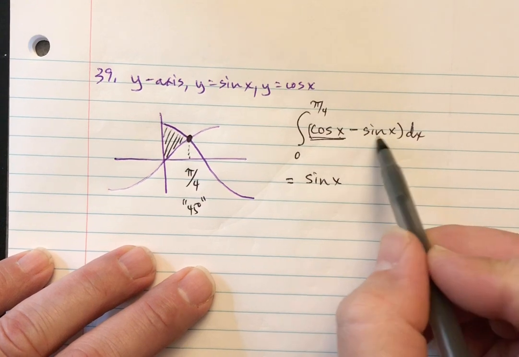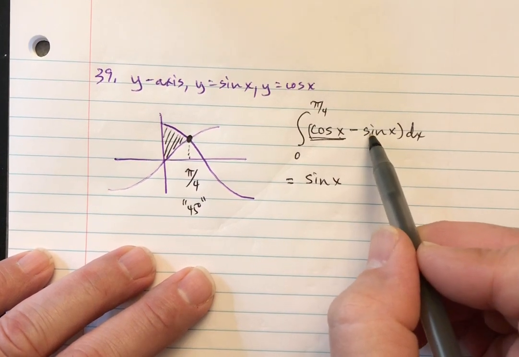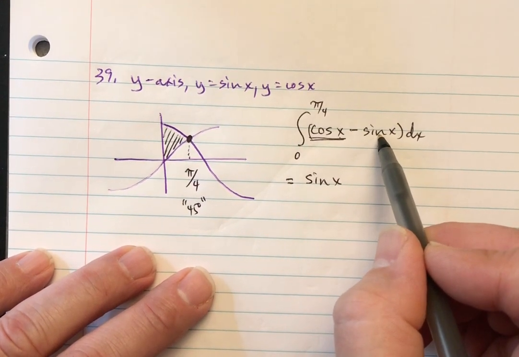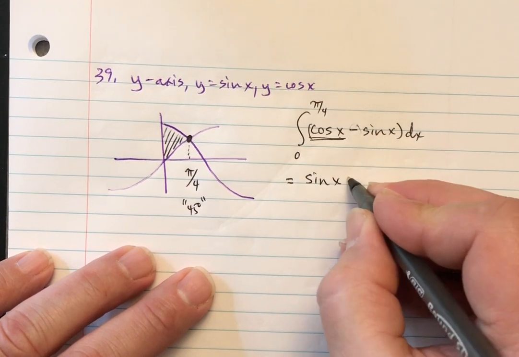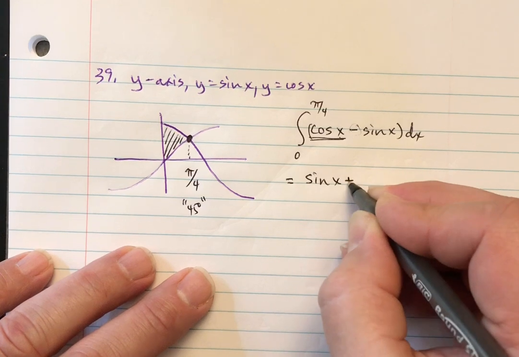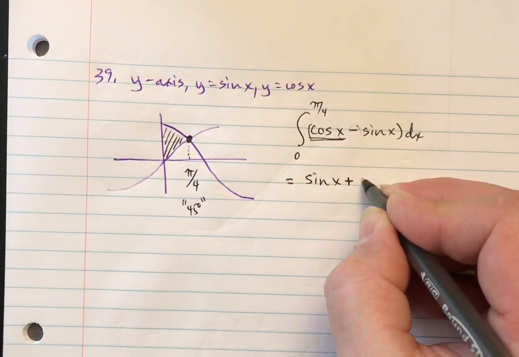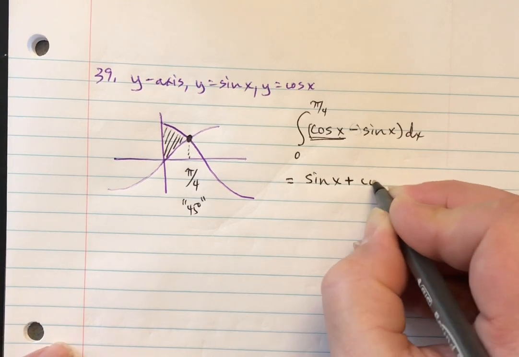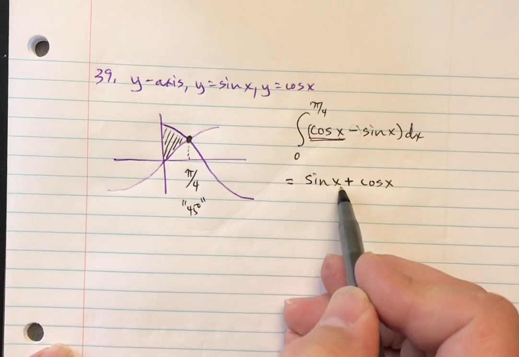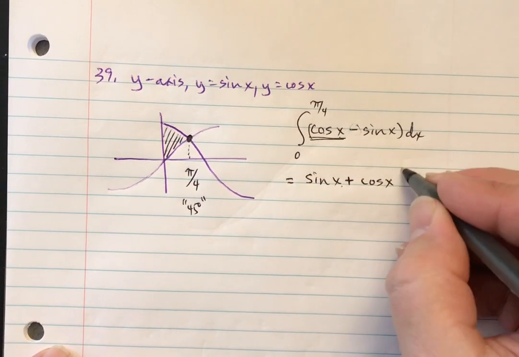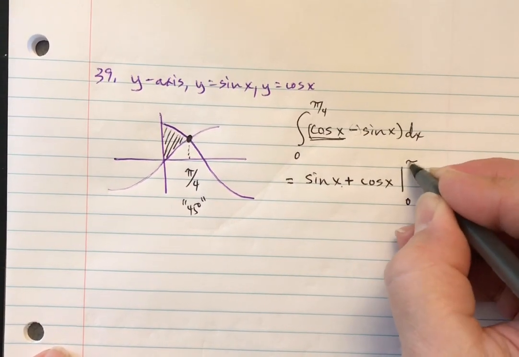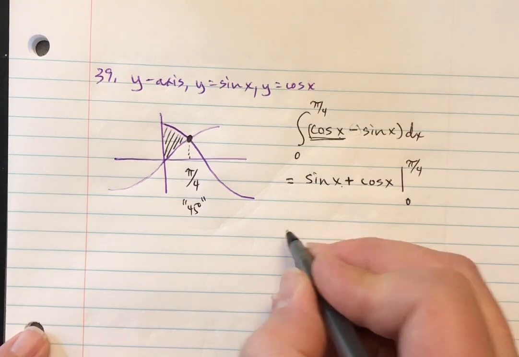And the antiderivative of sine is negative cosine. We already have the negative here, so this is going to turn out to be plus cosine of x. The derivative of sine is cosine. Derivative of cosine is minus sine. And now we're going to integrate from 0 to pi over 4.